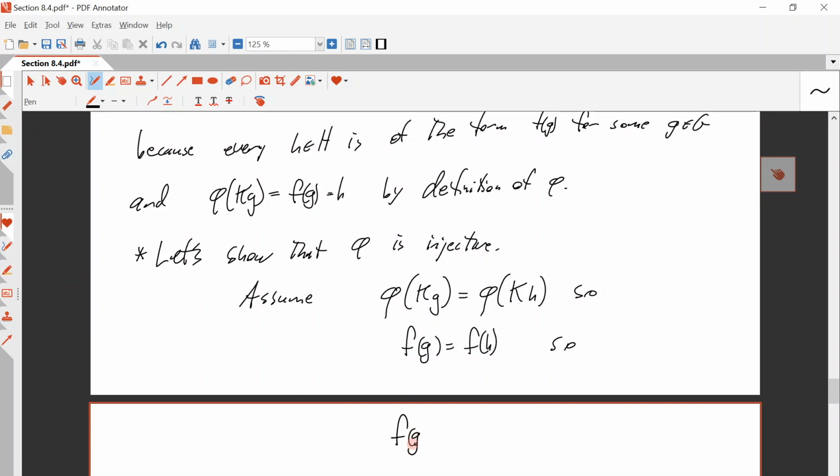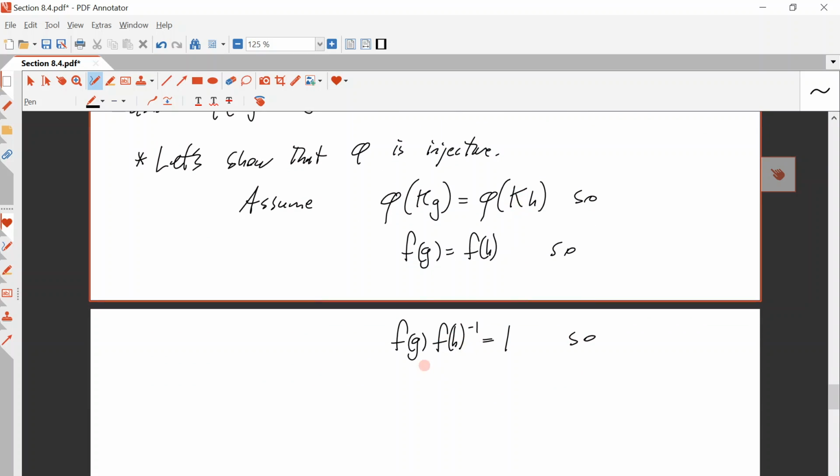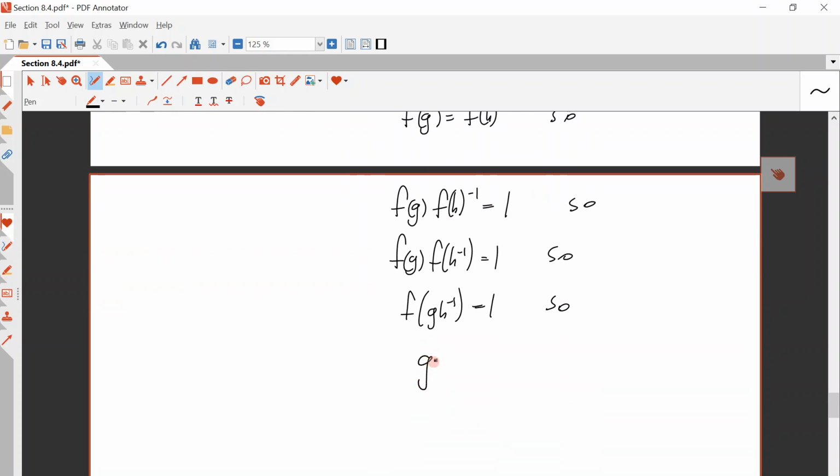So, doing the same thing we did before, F of g times F of h inverse is 1, and that inverse comes inside here. So F of gh inverse is equal to 1. So gh inverse is an element of K, which was the kernel of F. We're calling it K just for notational purposes.